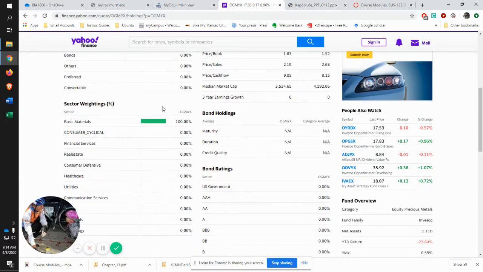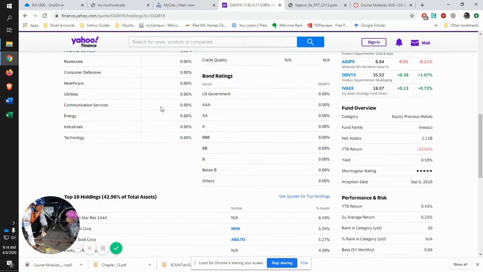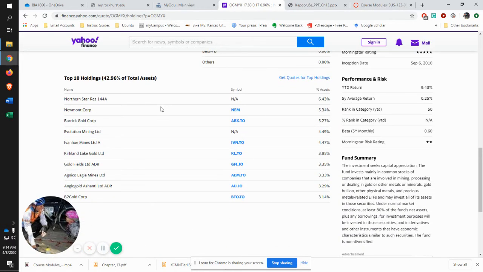So what they do is they buy stocks in all kinds of different basic mineral companies. So you come down here and it talks about what are the top 10 holdings. In other words, what stocks are they holding in this fund? In this case, you can see the companies, Northern Star, Barrick Gold, Evolution Mining, things like this.